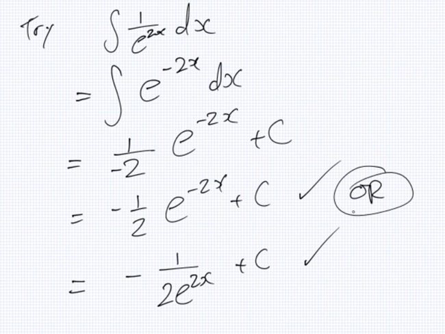And by using our rule, this is 1 over minus 2 times e to the minus 2x plus c. So the answer is minus a half e to the minus 2x plus c, or if you want you can write it like this, minus 1 over 2e to the 2x plus c. Both are fine.